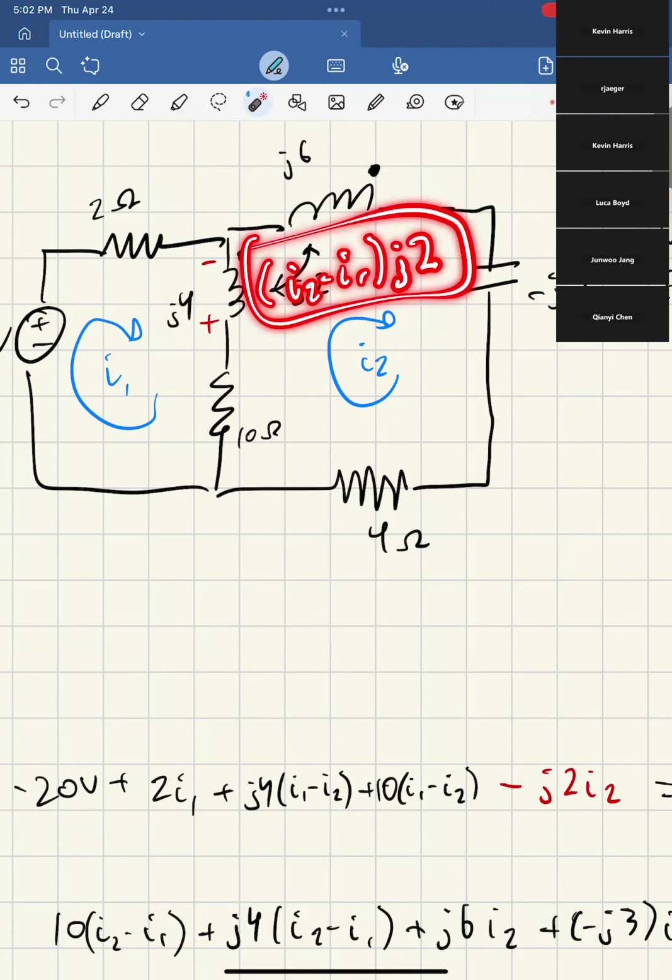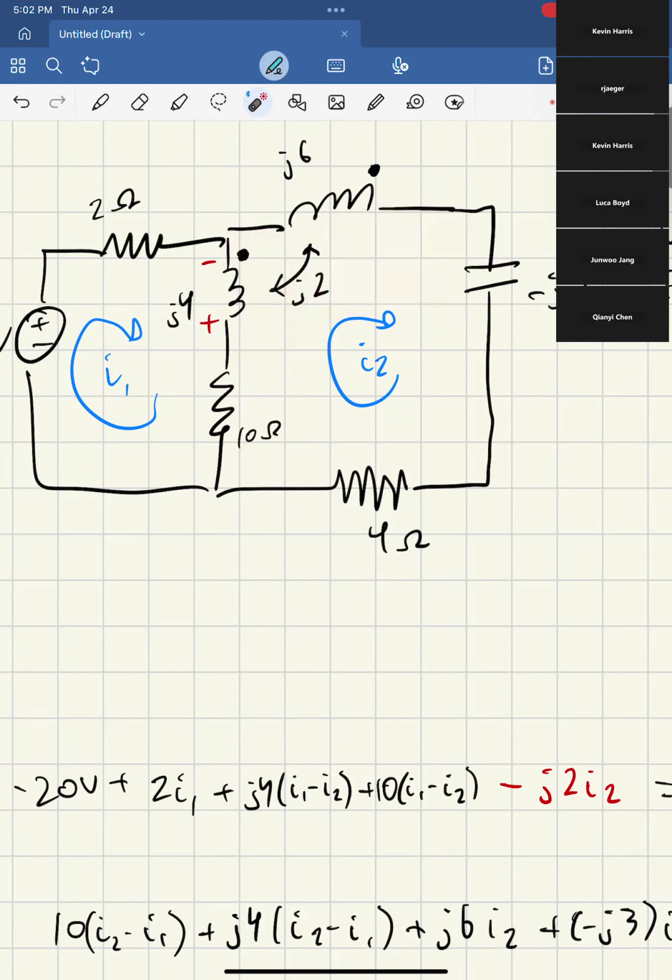So this will be the magnitude of the voltage induced. Now we have to figure out the sign. As I said, the current is flowing into the non-dotted terminal, which means that the dotted terminal will be negative and the non-dotted terminal will be positive. And now here, we see the exact same situation we saw last time, where we have current flowing this way, and it's going from positive to negative, which means that we will have a negative term.